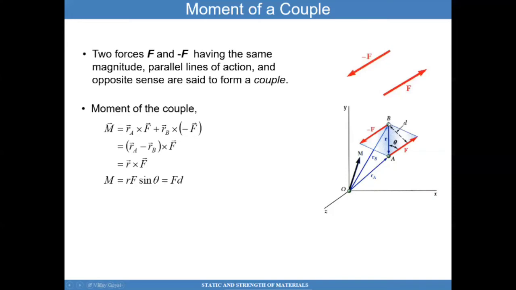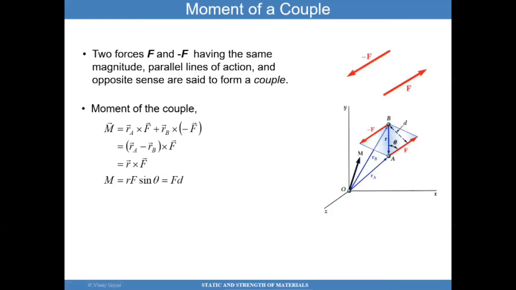And you realize here that because of the negative sign on F, in essence you have RA minus RB, cross F. It turns out that the difference between these two vectors is really a vector that points from B to A. And so in essence, R cross F will be the moment for this couple.